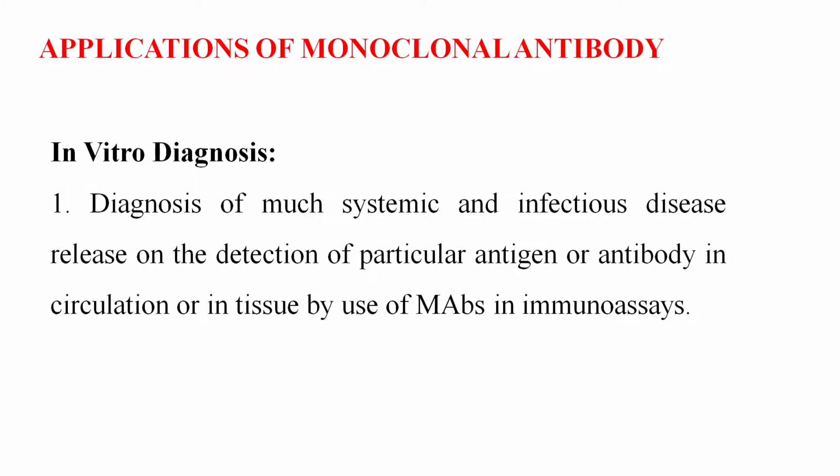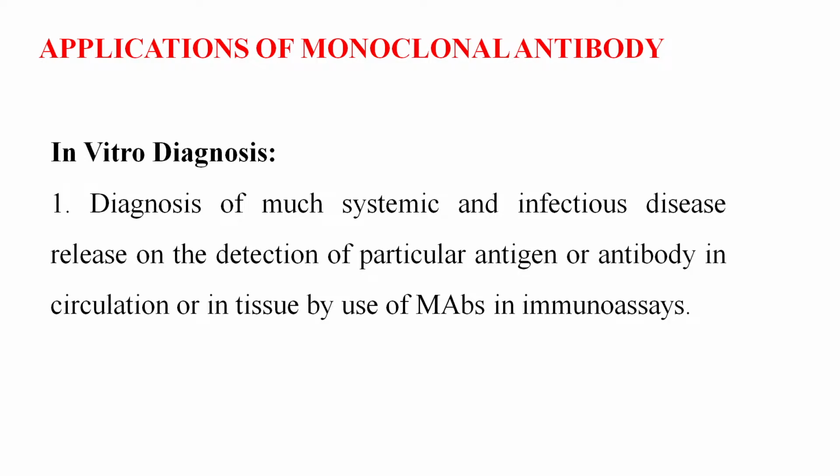So what are the applications of these monoclonal antibodies? The most common application is the in vitro diagnosis. So any diagnosis, when we are talking about systemic or infectious diseases, that is based on detection of a particular antigen or in fact an antibody also, is done using monoclonal antibodies in the different types of immunoassays.